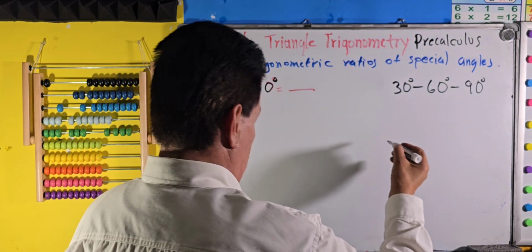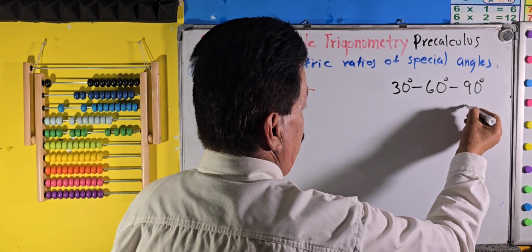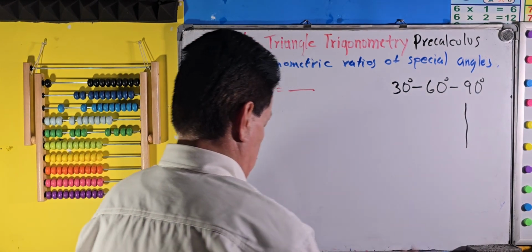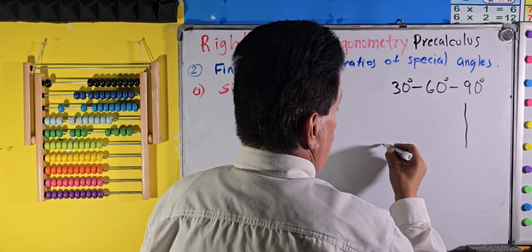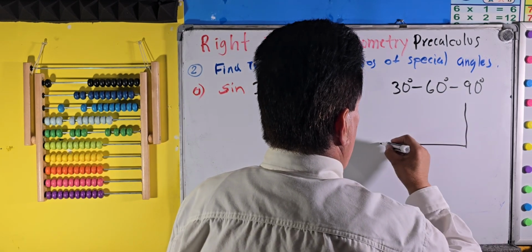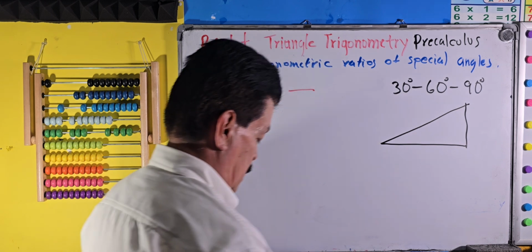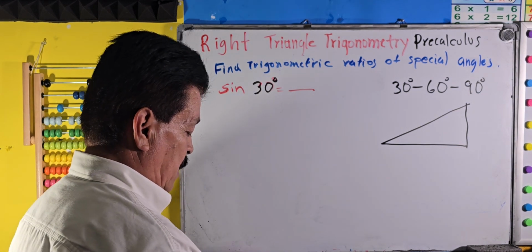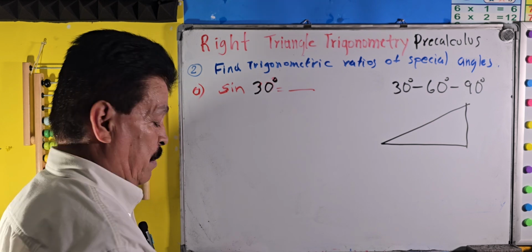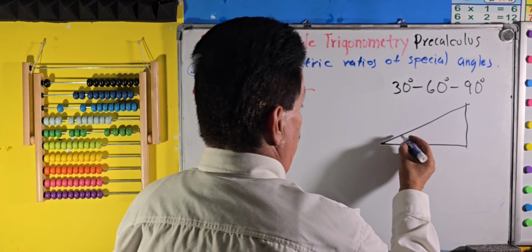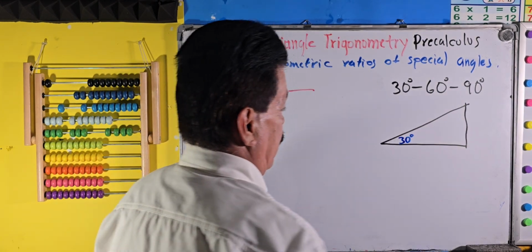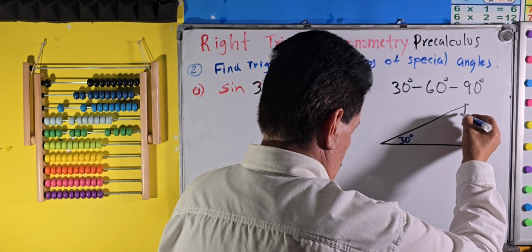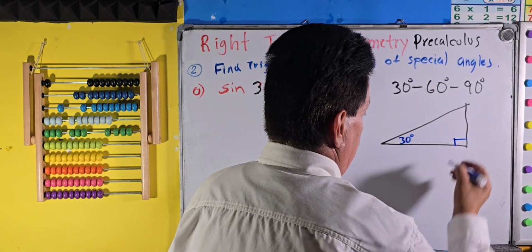So if we make a picture, we will have our triangle. Let me do the triangle right here. This is a special angles, a special triangle. In this triangle we have 30 degrees right here. Of course, on the other side, this is 90.